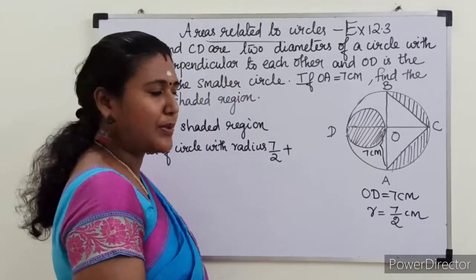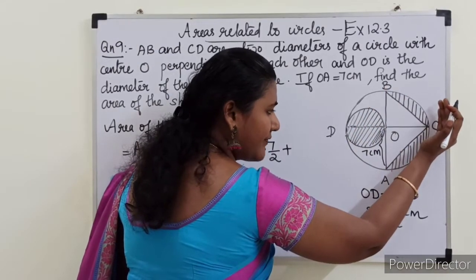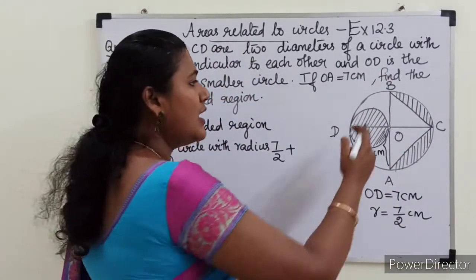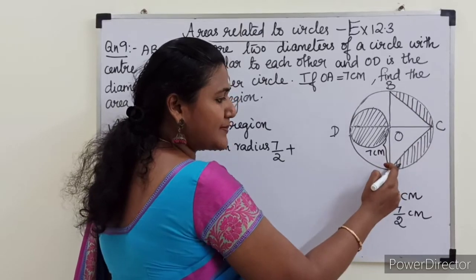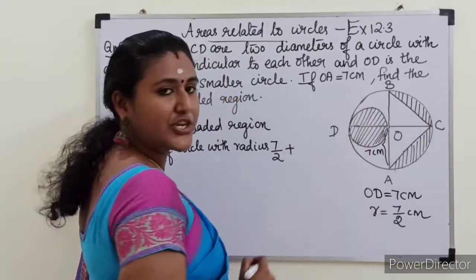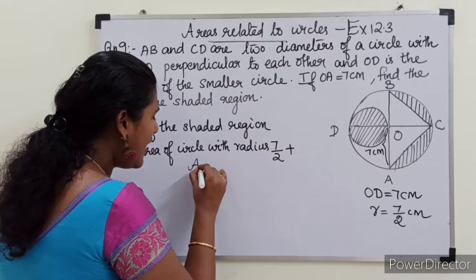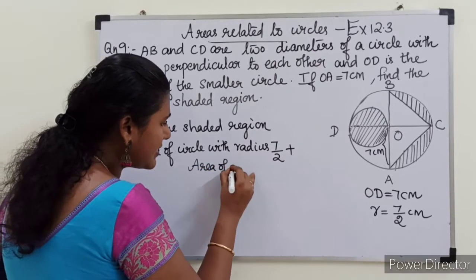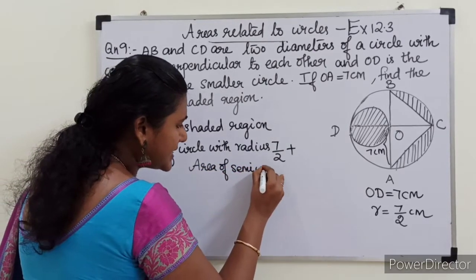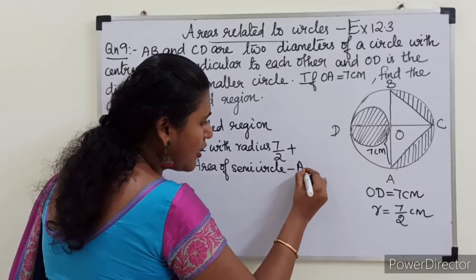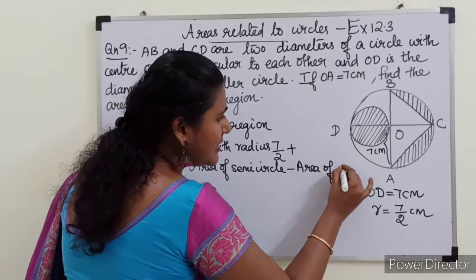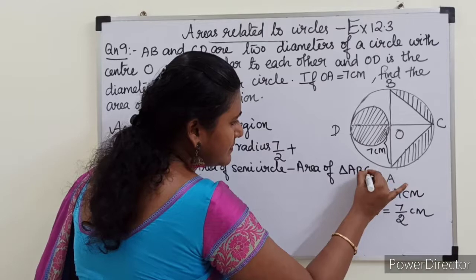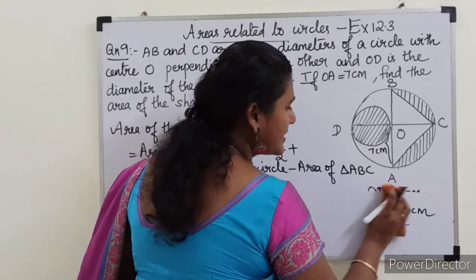If you subtract the area of the triangle from the area of the semicircle, you will get this shaded region. So, area of semicircle minus area of triangle ABC. So, we are going to do this now.